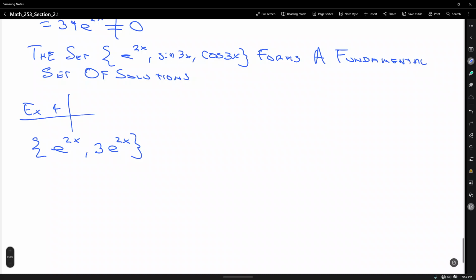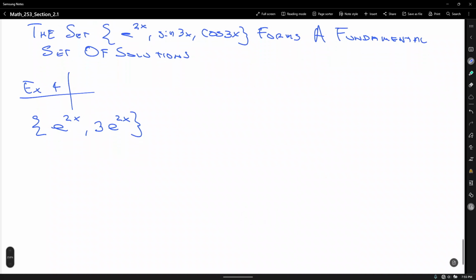By looking at the functions, you can already tell that this is not going to be a fundamental set of solutions, because this set is not linearly independent. It's dependent, because one of the functions is a multiple of the other function.